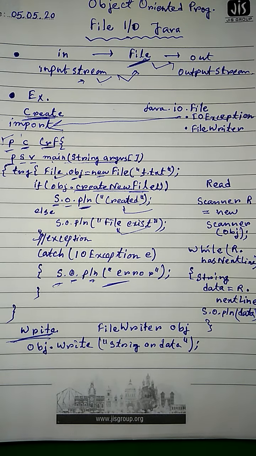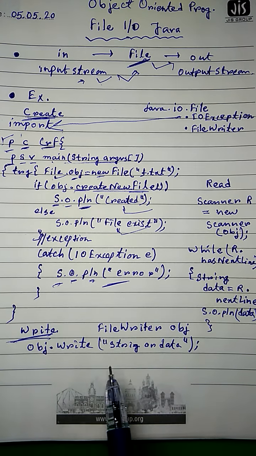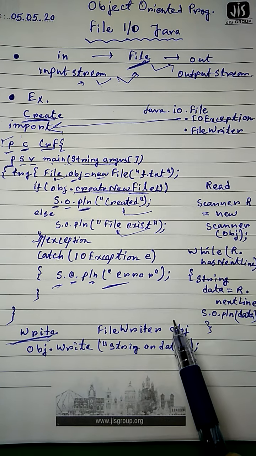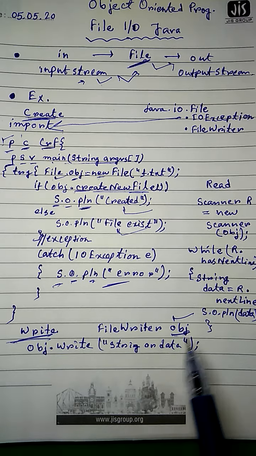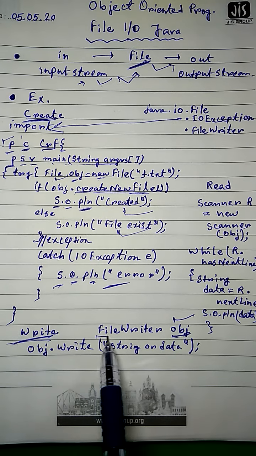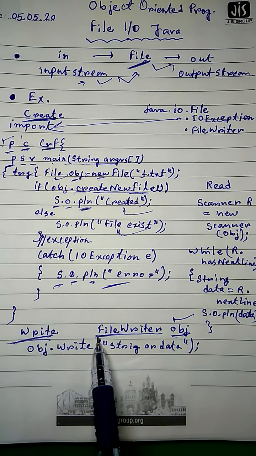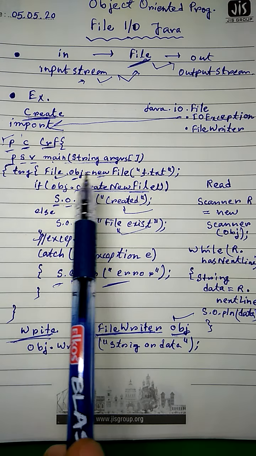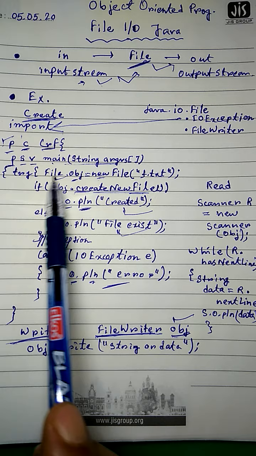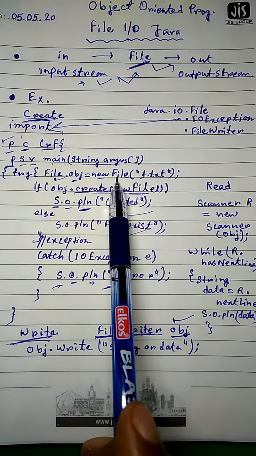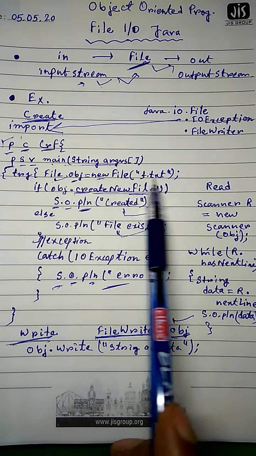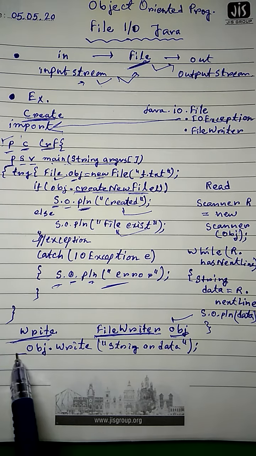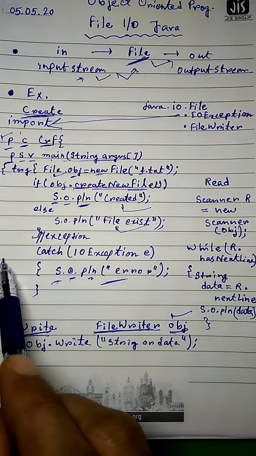You need to write some characters onto the file. Now what you have to do? Again you have to create an object for the FileWriter class. In a similar way, you have to define it: FileWriter object, new FileWriter, and that will be the text. Now another thing, this code you need to write here.